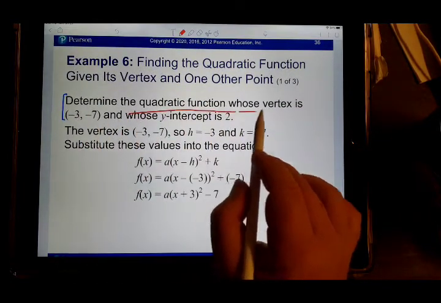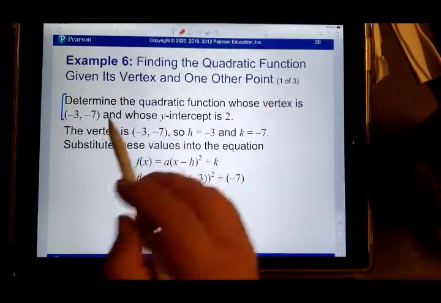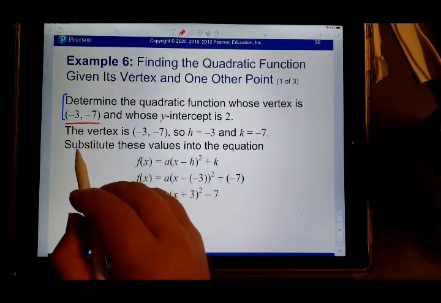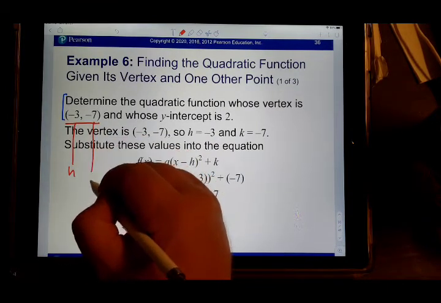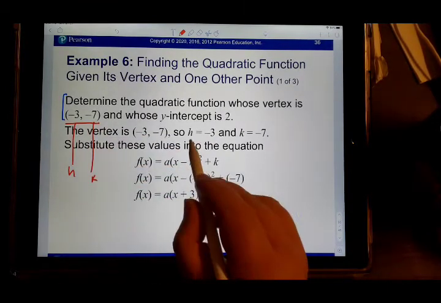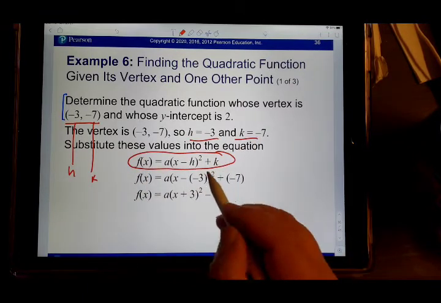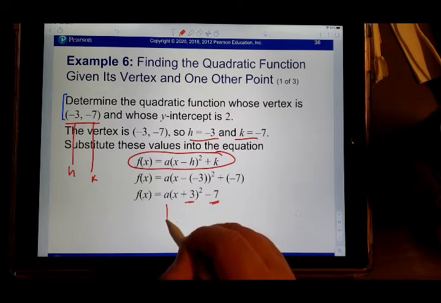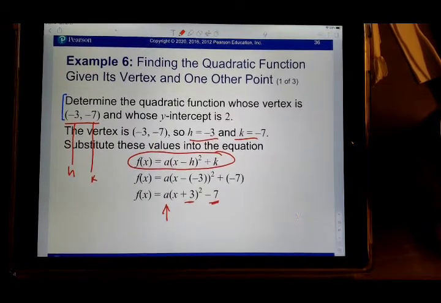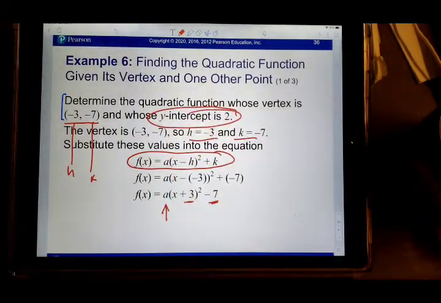Determine the quadratic function whose vertex is negative 3, 7. So again, I know what to substitute for h, I know what to substitute for k into this equation. So they substitute the value for h, substitute the value for k, and we have this a hanging here. We still don't know what that is, but they gave us enough information to find it.